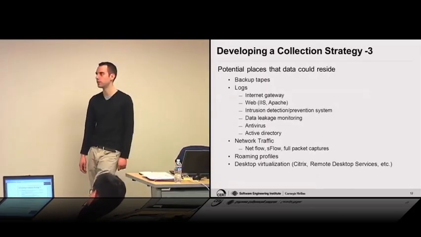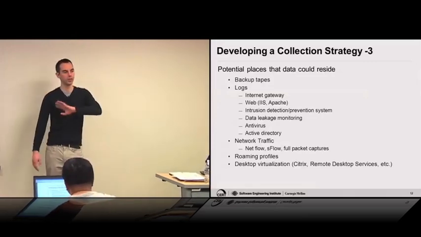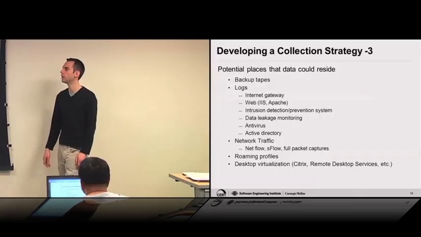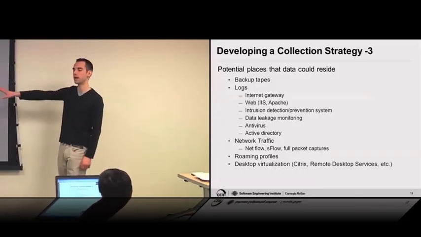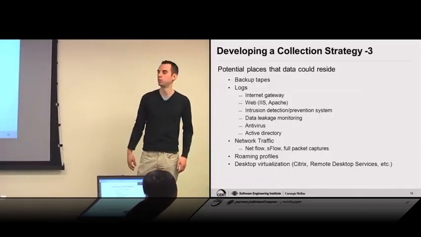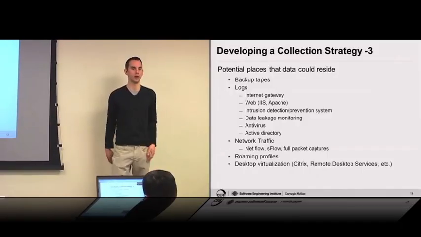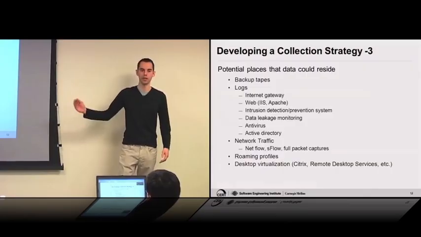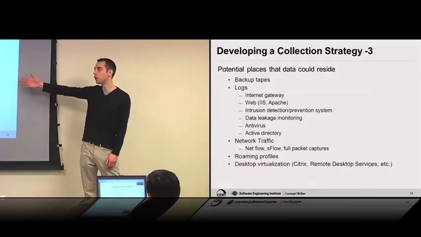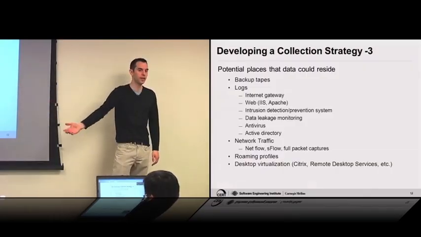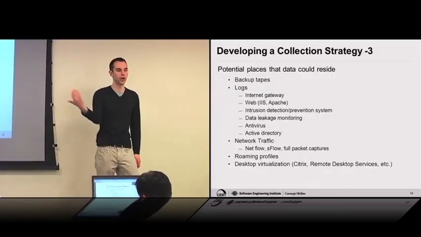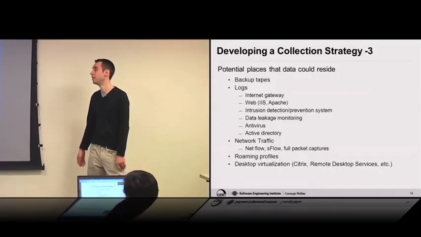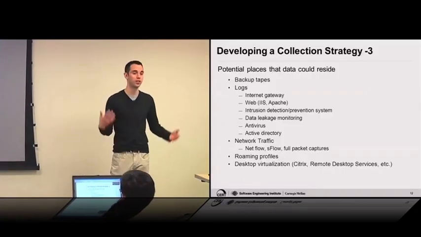Some of the areas that you're probably aware of, but that are often overlooked, are things like backup tapes. Although I don't know how often backup tapes are used as evidentiary sources anymore, they certainly have data that's valuable. But logs are exceptionally beneficial. I think logs are probably one of the most undervalued sources of evidentiary data, because they suck to look at.